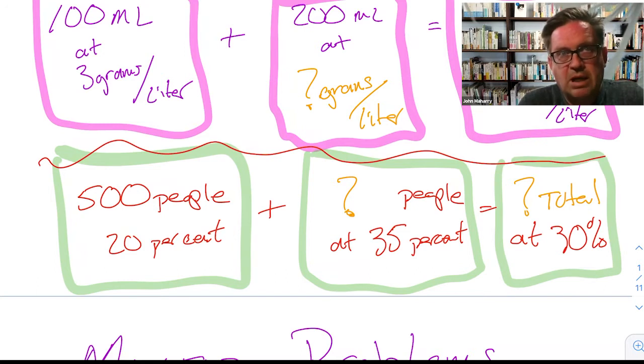So we don't know how many are in the total. It's going to be 500 plus the unknown, but we know the overall percentage was 30%. So there was one group at 20% and one group at 35%, and you look at the mixture of those, and you end up at 30%. So how do we figure out how many were in the second group, and then how many were overall in the total? We can answer those questions, and let's see if we can do those.